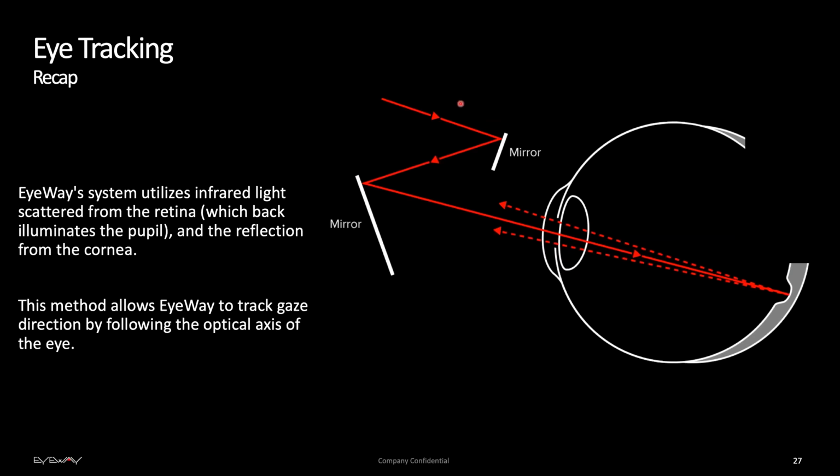Therefore, it's always going inside the eye in the same position. So this is a fundamental method of tracking the eye. It's not corneal based, it's a retinal based tracker.